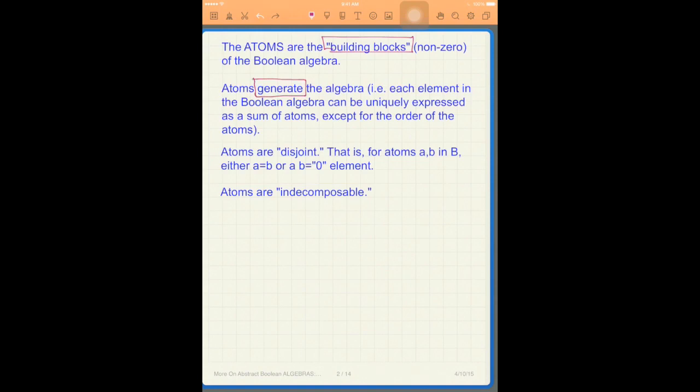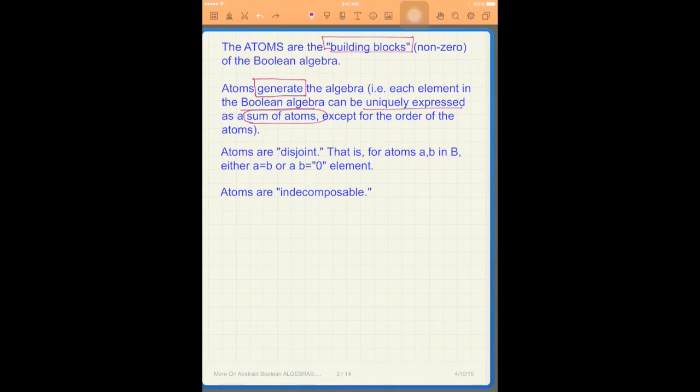Each element in your Boolean algebra can be expressed uniquely as a sum of these atoms, these building blocks, except for the order of the atoms, because we have the commutative property, so you could just rearrange the order of those atoms, but you'd still have those same atoms being summed up, and it would be uniquely expressed except for the order.